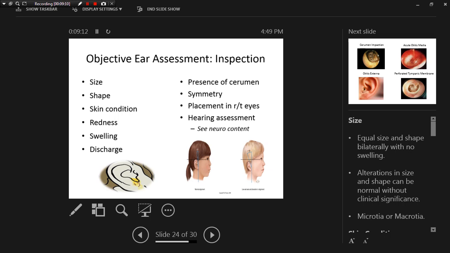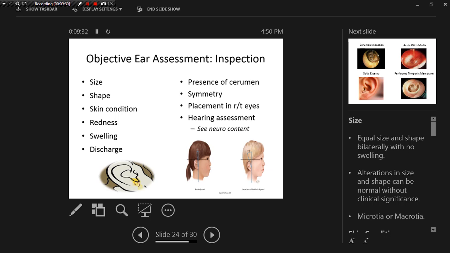The presence of cerumen or the earwax, is it dry? Is it kind of wet? Does it look impacted? Does the patient have a history of impacted earwax, cerumen, as well? And we talked about symmetry, looking from right to left. And where are our ears in placement to our eyes?